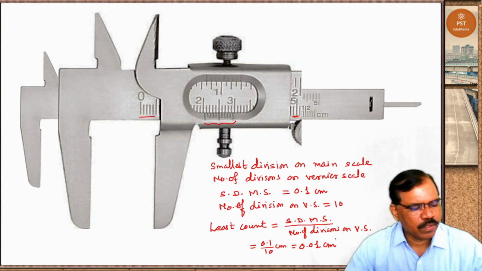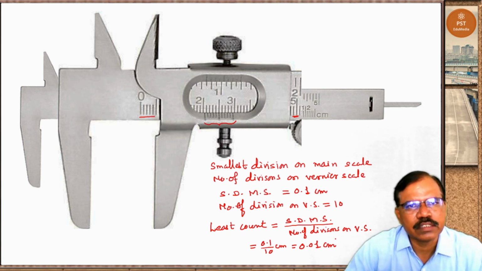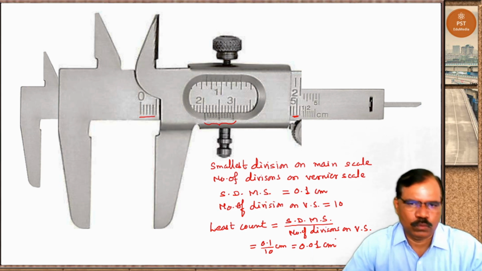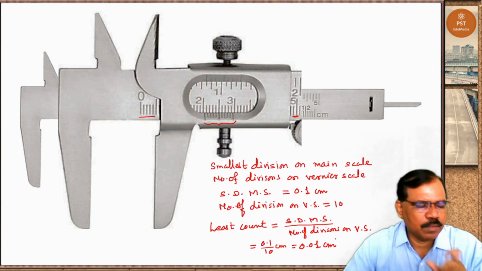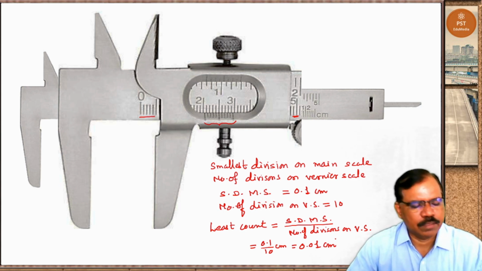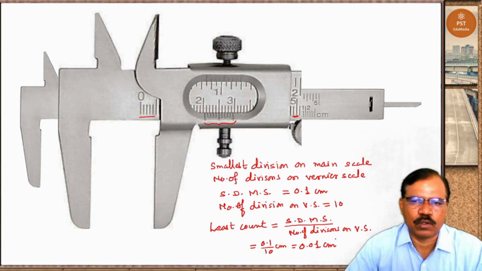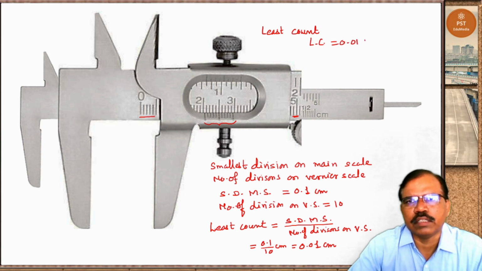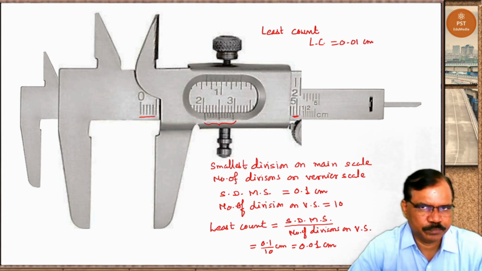Today there are a number of vernier calipers available in the market which have very low least count. Here I am discussing the vernier caliper that is used in school laboratories. So here least count, or LC, is equal to 0.01 centimeter.